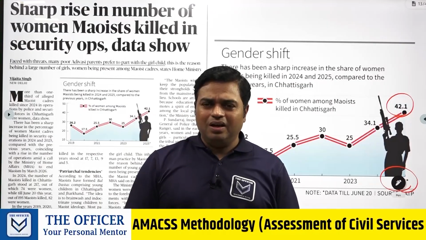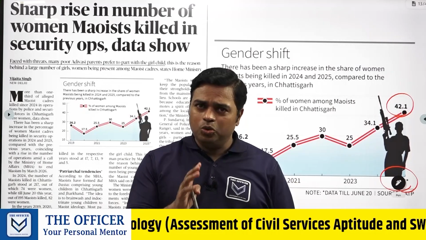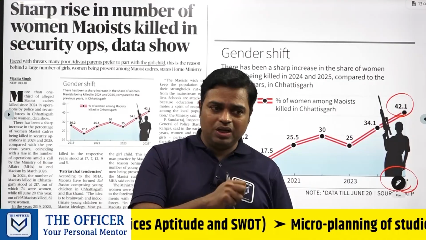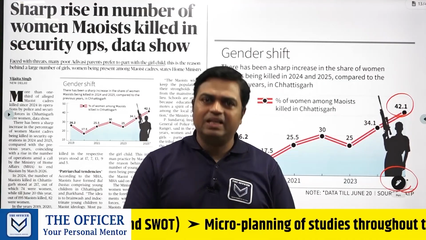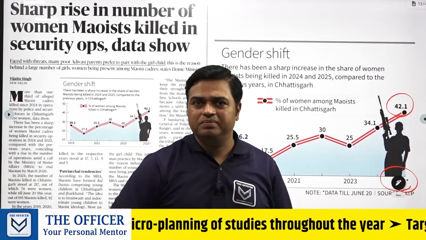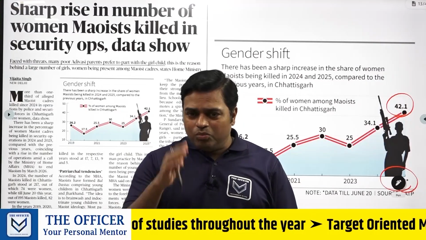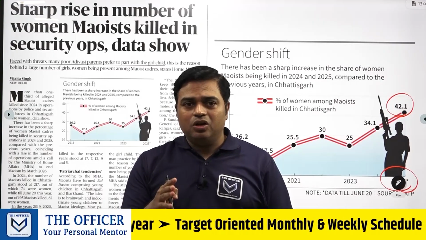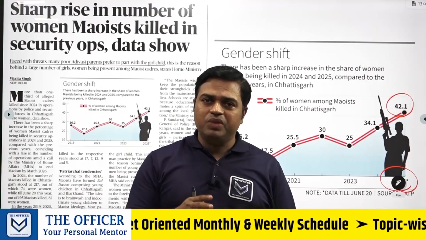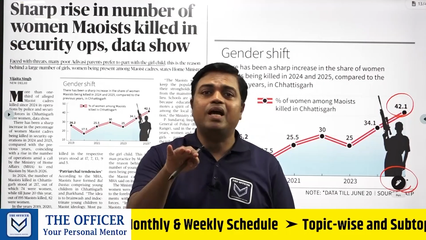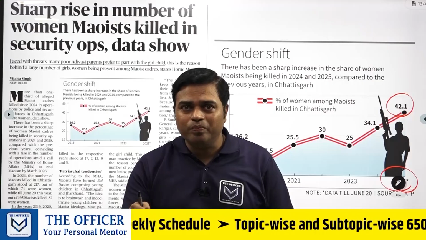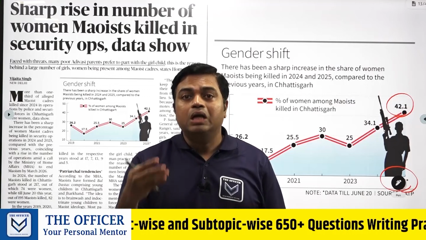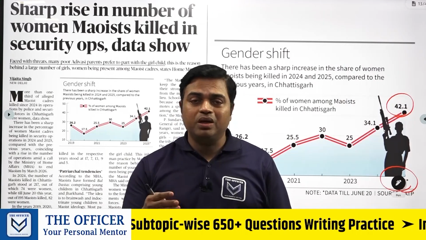Second, the movement which is fighting to transform Indian society into an egalitarian society is itself very much unequal. The Naxalbari movement, Naxalism, is demanding an end to exploitation, but they themselves are exploiting. Whom? They are exploiting their own comrades and their own women counterparts, women soldiers.